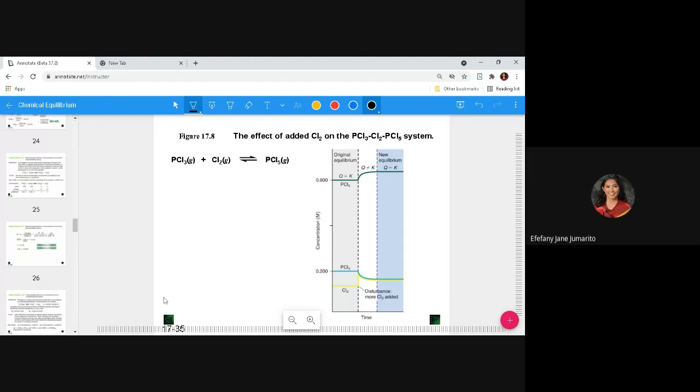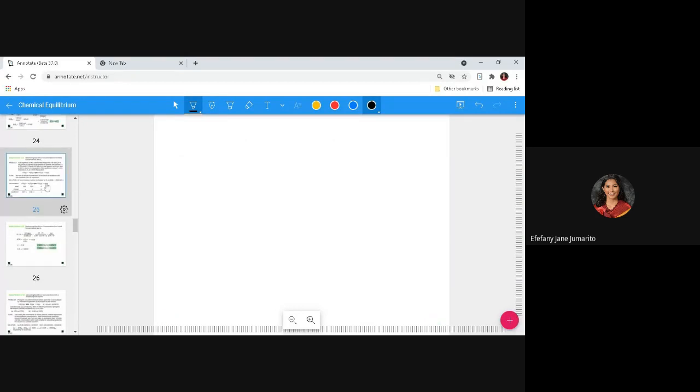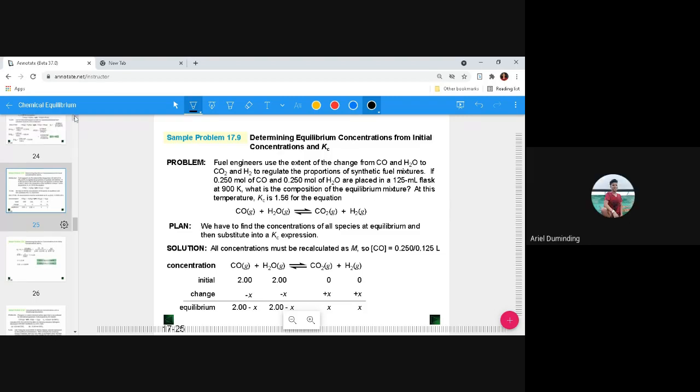If we were saving and then Shopee has a sale, Shopee becomes a stress. It's a stress that makes our life imbalanced. So for a chemical reaction, what changes a chemical reaction? Go back to your chemical kinetics. What are those things?